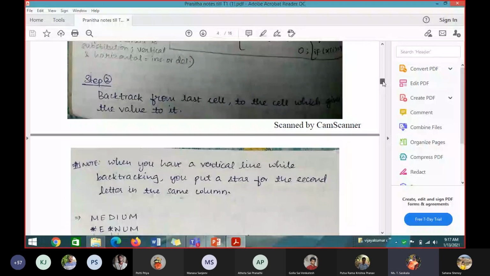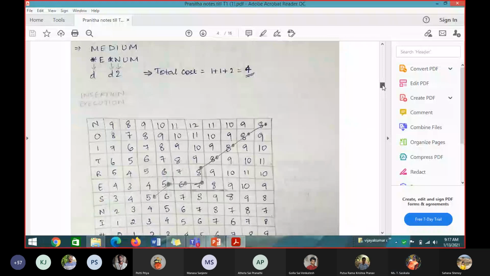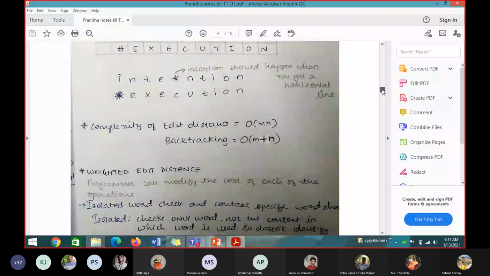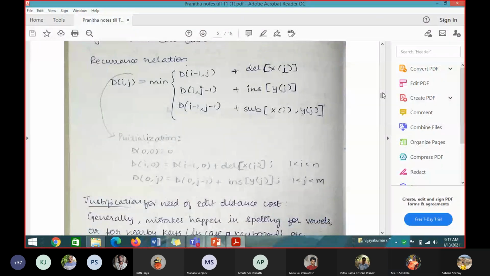Can you do it and tell me what is the total cost needed for medium to enum? Totally, how many rows and how many columns are you getting, students?